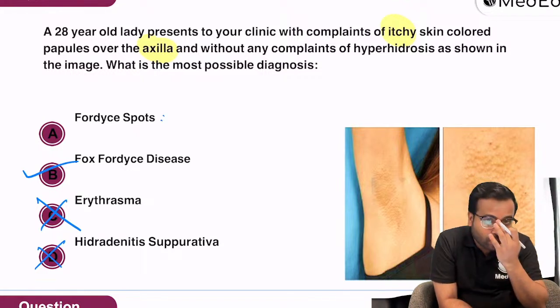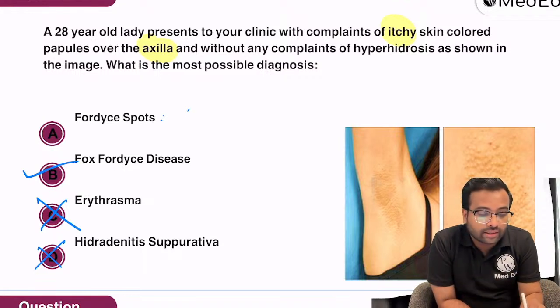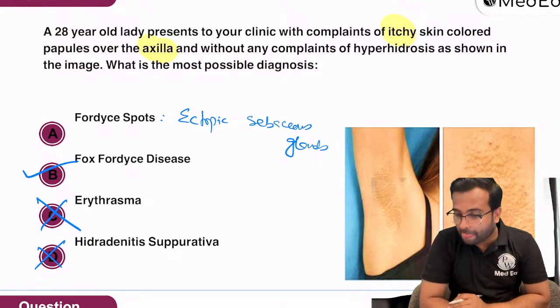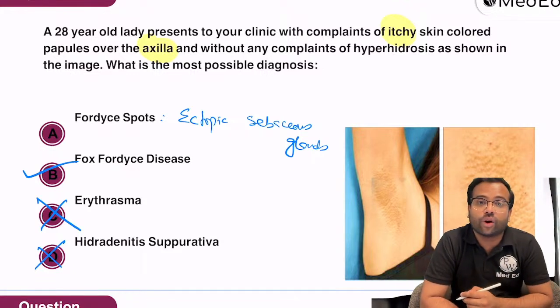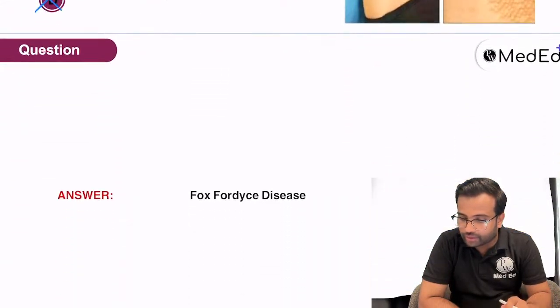So what are Fordyce spots? Fordyce spots are a condition of ectopic sebaceous glands. Okay, ectopic sebaceous glands can be seen, right? Yes, Fordyce spots on the lips, and also Fordyce spots which you can see over the genital area. All those things can be seen.